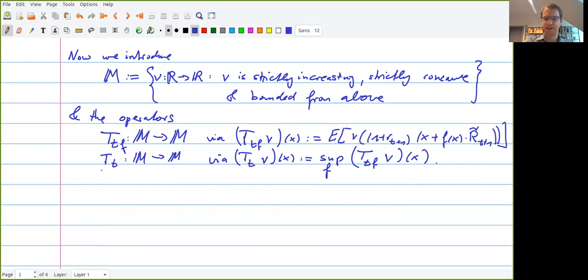Okay, so these are the operators, abstractly speaking, corresponding to our JT. And here again, I make it in green.